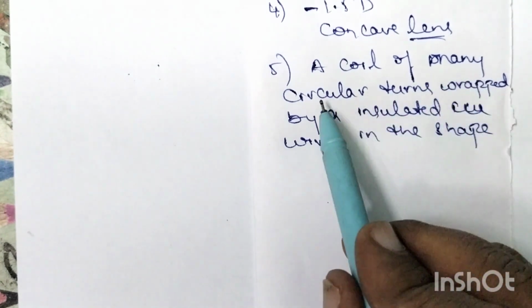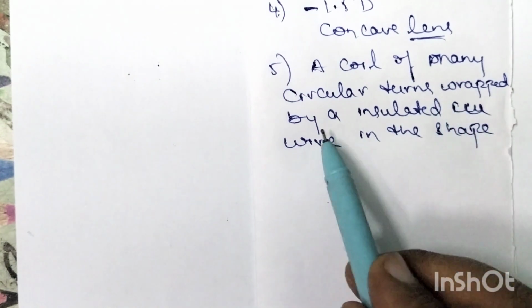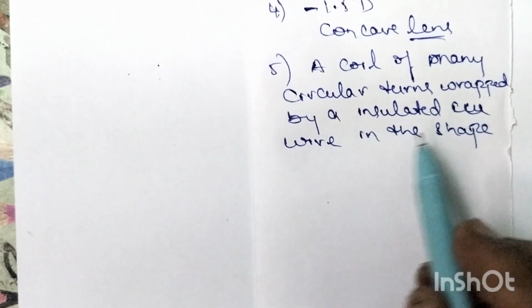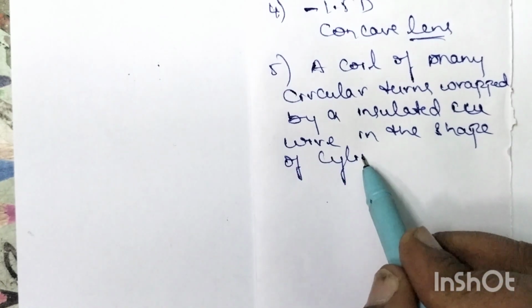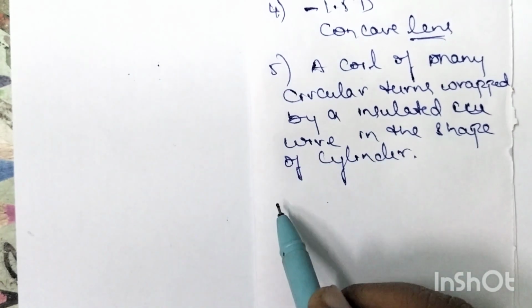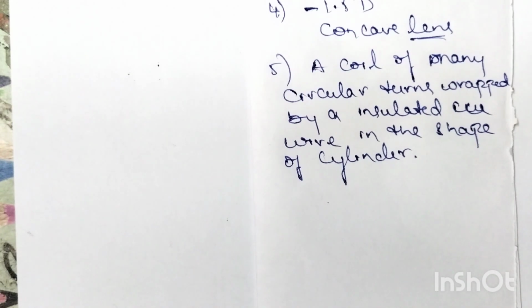A coil of many circular turns wrapped by an insulated copper wire in the shape of a cylinder is called a solenoid. So this is the answer for solenoid.